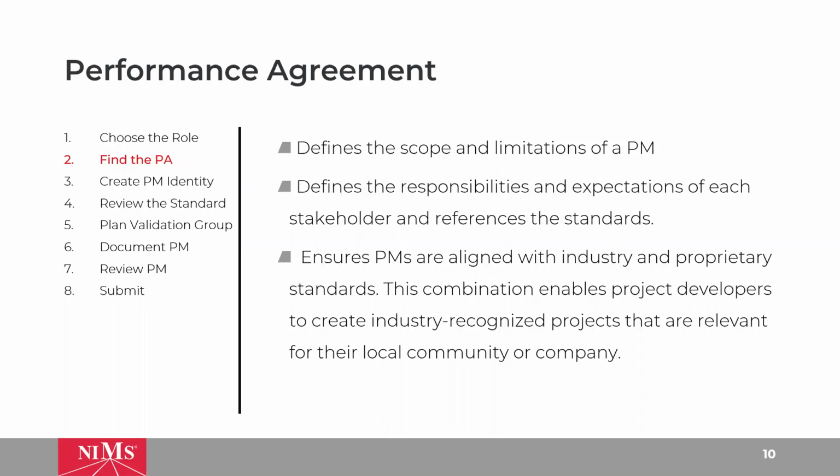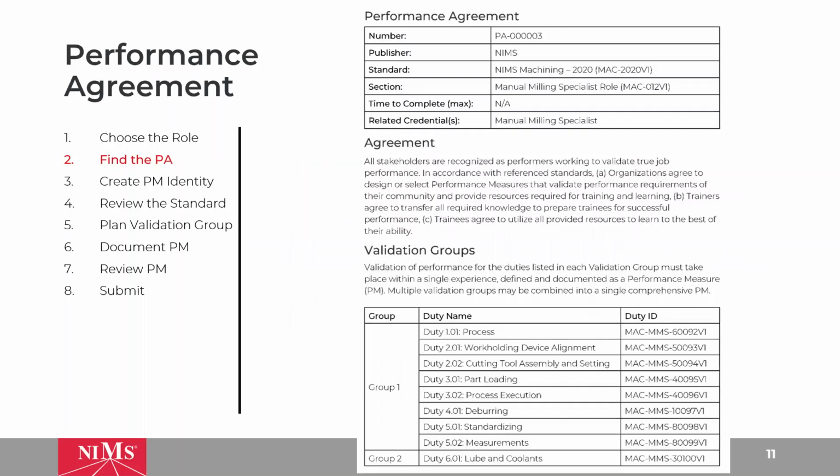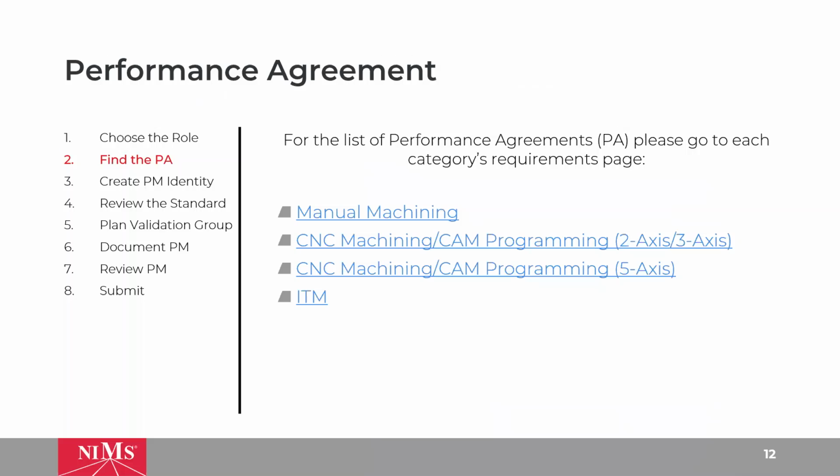This ensures that your project is industry recognized and relevant to their community or company. This is an example of a performance agreement for manual milling specialist. Once you've chosen your role, this is where you look up the performance agreement for your chosen role.